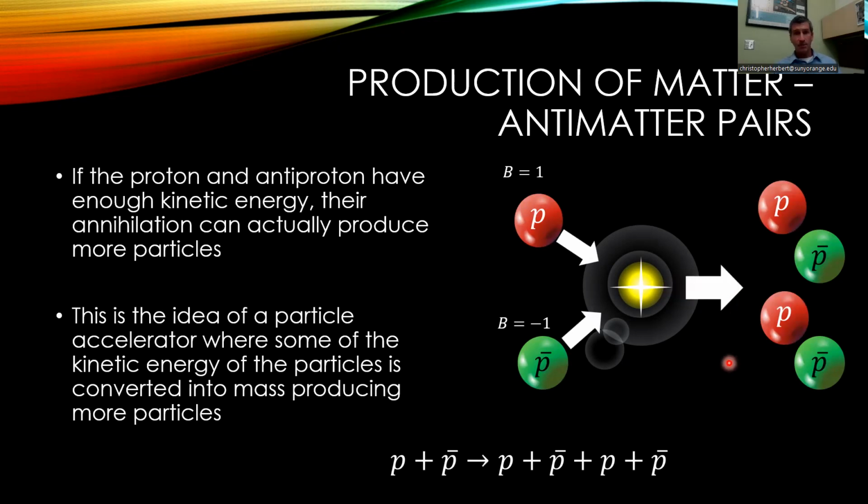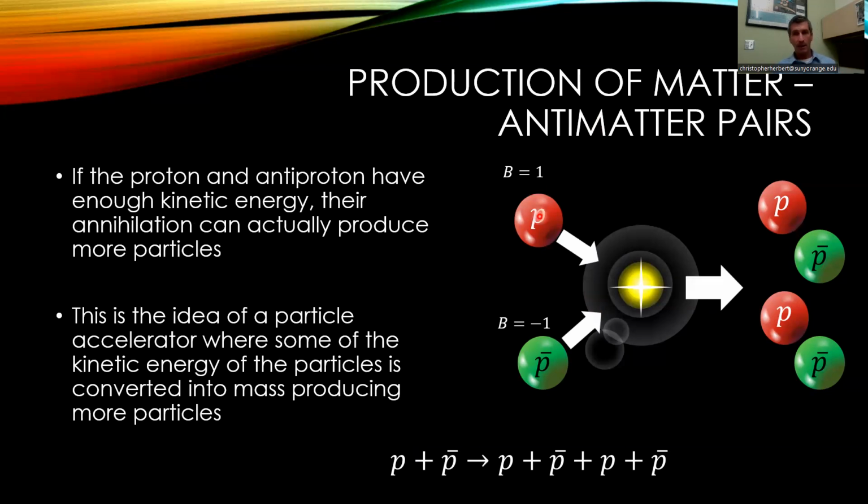It's also possible that if we come in with enough energy that we could have a reaction that produces more particles. This is actually allowed. We could actually have a proton and an antiproton come in and produce more proton-antiproton pairs. This is a little bit more difficult to have happen, but it's allowed.